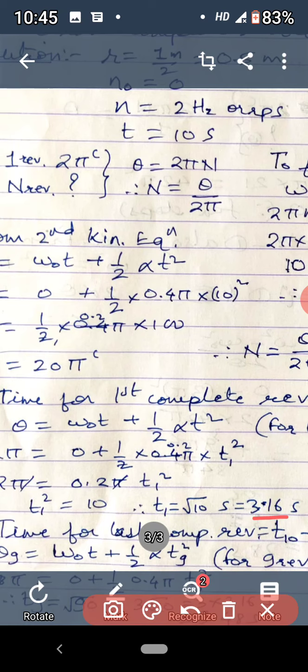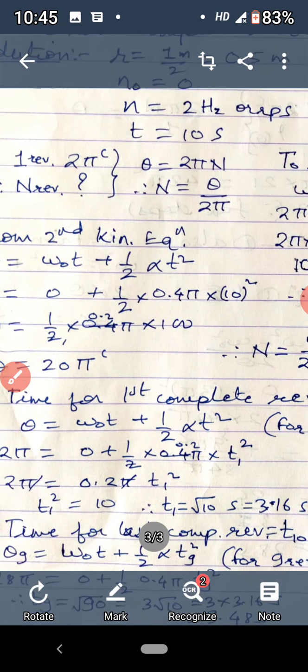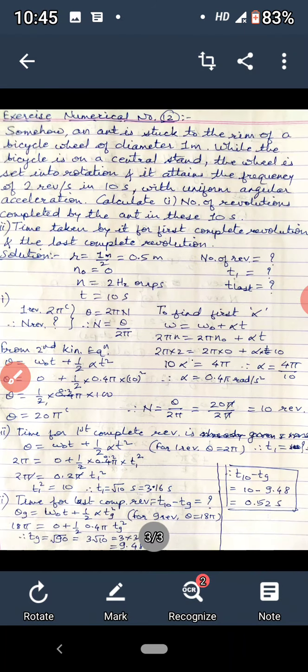Now let us see the time for the last complete revolution. To find the time for the last complete revolution, we have to find the time for the 9th revolution, and we know the time for the 10th revolution. How much is the time for the 10th revolution? 10 seconds.